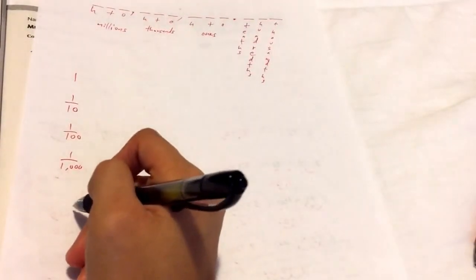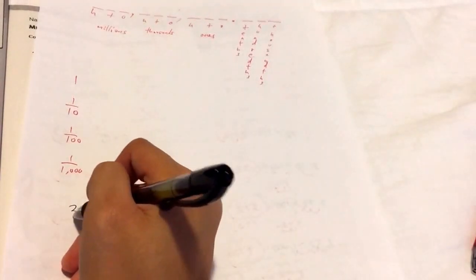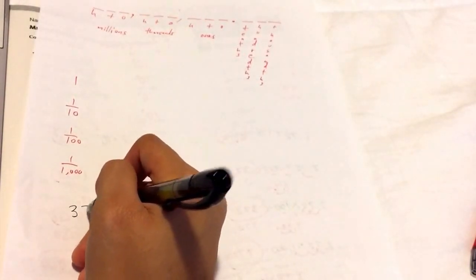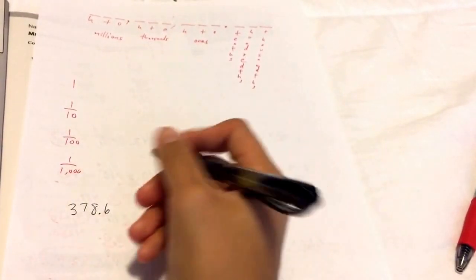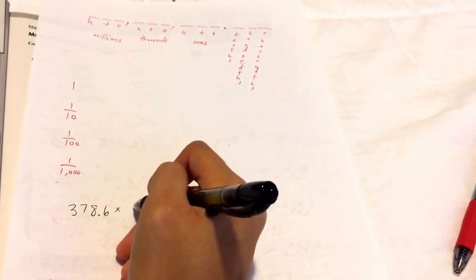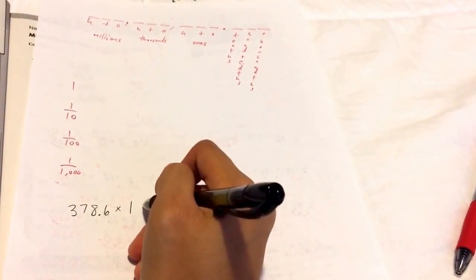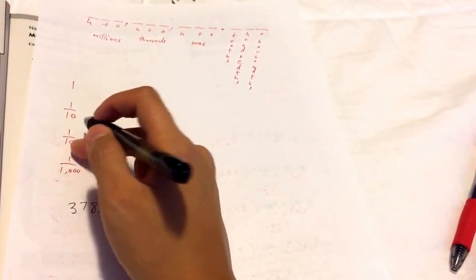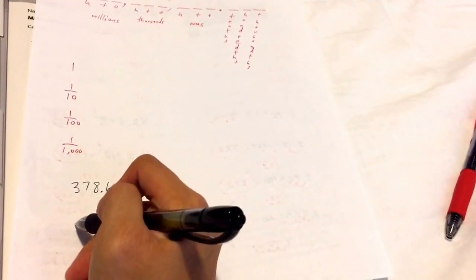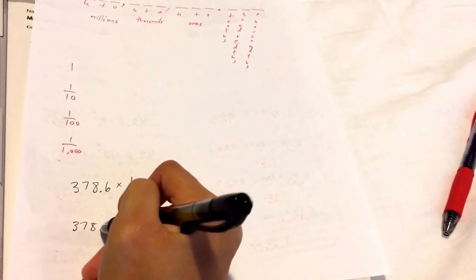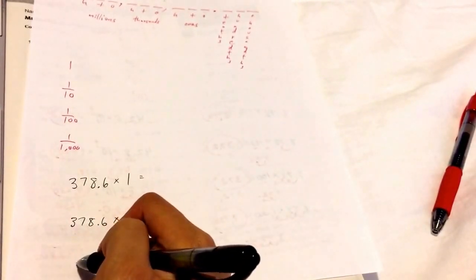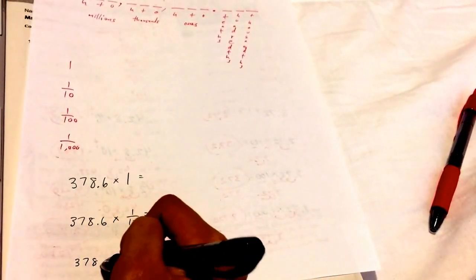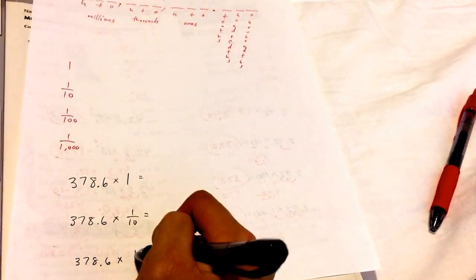And so I'm going to give you a new number. Let's just choose a number. Let's do 378 and 6/10. And I'm going to multiply it by 1. Then we're going to take the 1/10, 1/100th, 1/1,000th. 378 and 6/10 times 1/10. 378 and 6/10 times 1/100th.